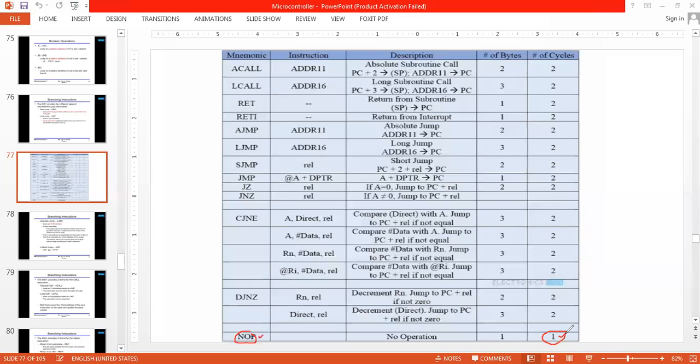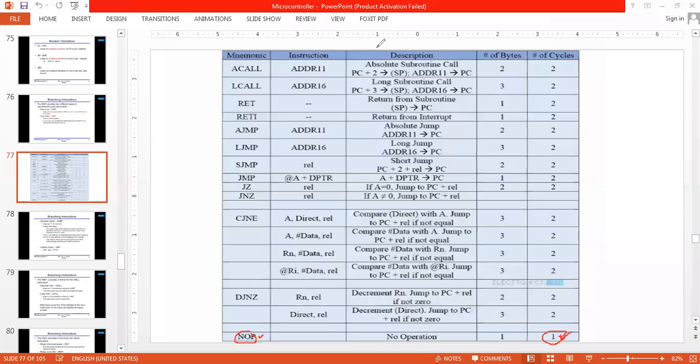If I want to generate a 5-cycle delay between one instruction and another instruction, then I can write NOP 5 times. If I write it 5 times, then 5 cycles will be delayed. One machine cycle is going to be 1 microsecond. So if I write it 5 times, then 5 microseconds is going to be delayed.